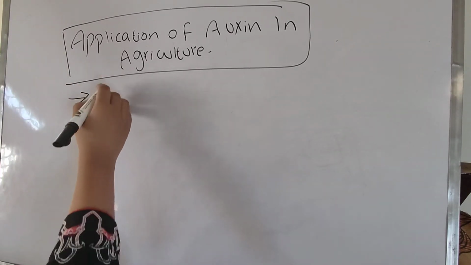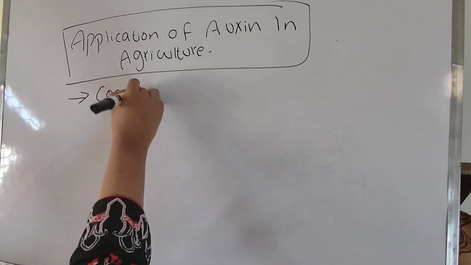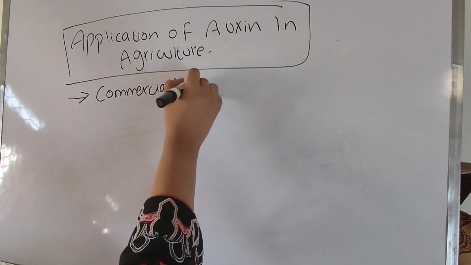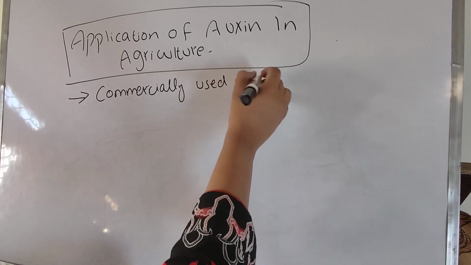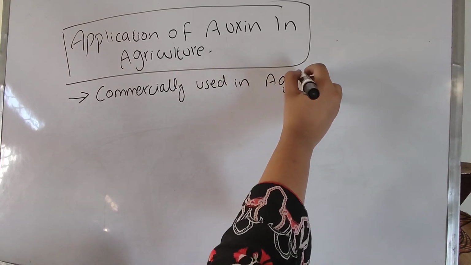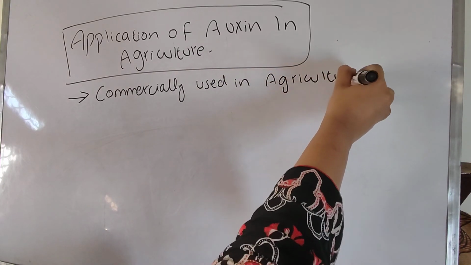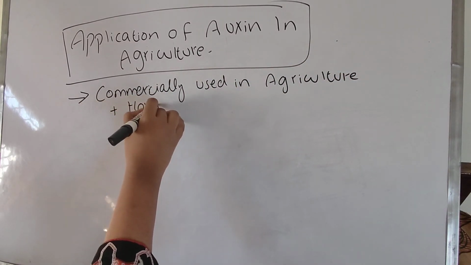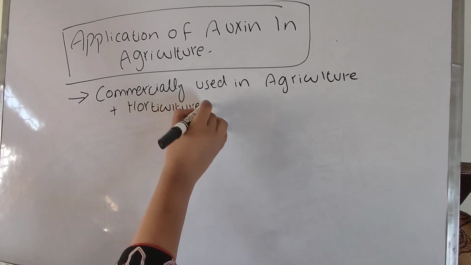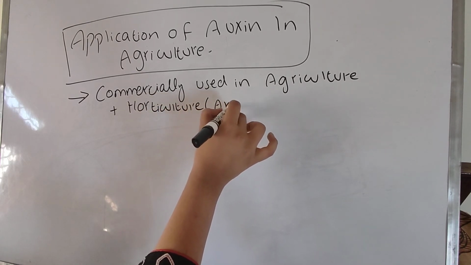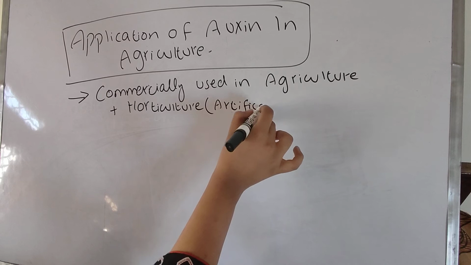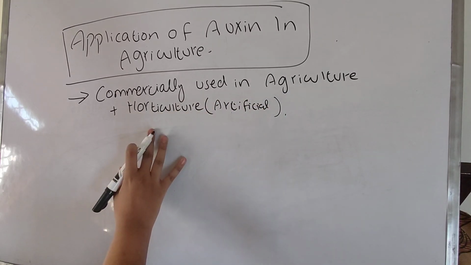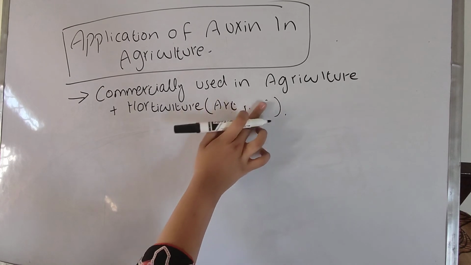It is commercially used in agriculture for natural plant growth plus horticulture for artificial gardening purposes, or the art of gardening purposes.